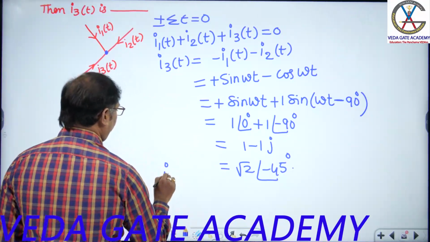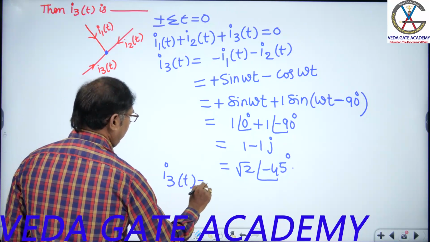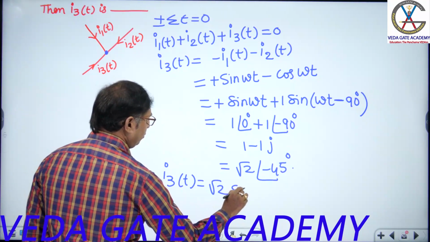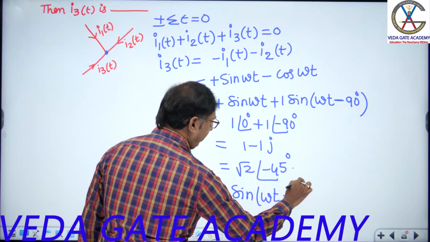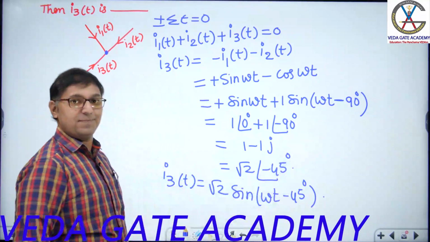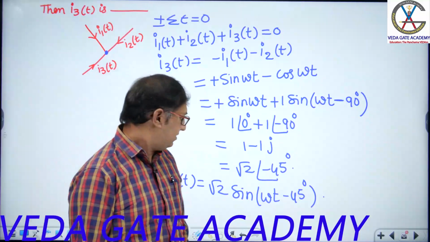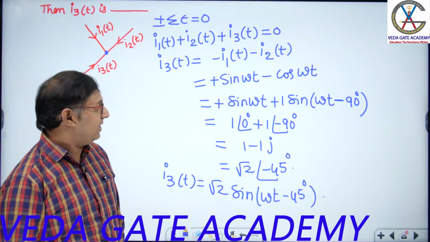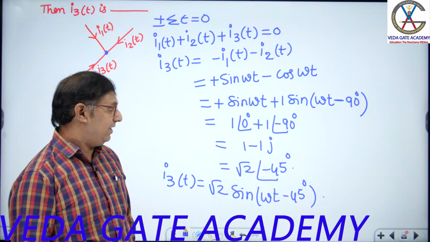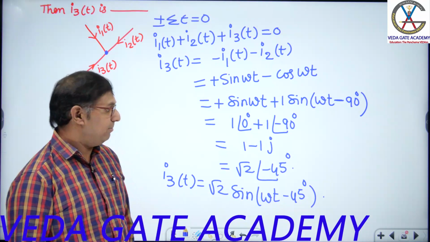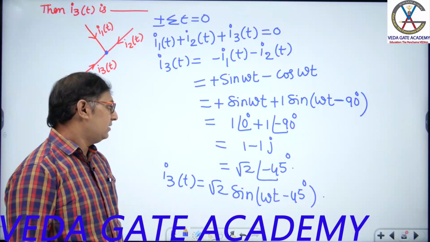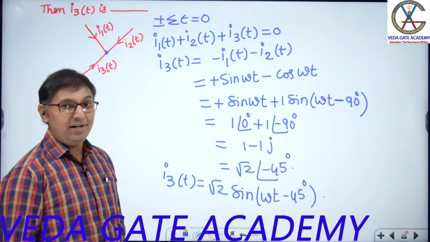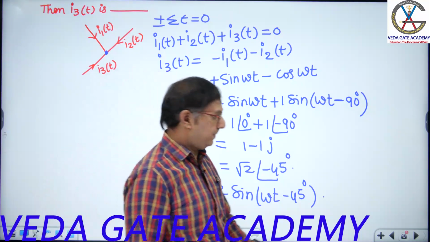Writing in trigonometric form, I3 of t equals root 2 sin of omega t minus 45 degrees. Indeed x minus jx is x root 2 at an angle minus 45 degrees.